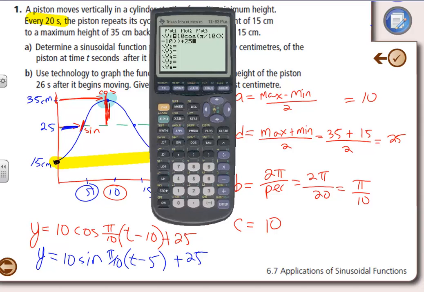All right, so we're going to graph this one. I'm just going to use the cosine one. If you graph either one, you're going to get the exact same graph. So you can check that out, try them, see that you will get the same graph. Make sure you look at your brackets. Bracket it correctly. And then we're going to graph it with a window that is going to be, well, the window that we used here. For the x, we went from 0 to 20 there.